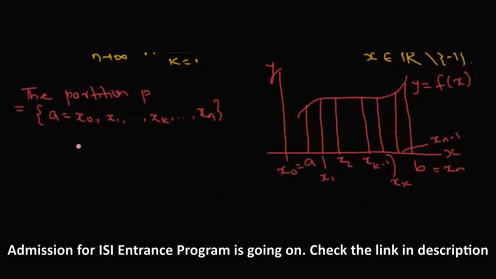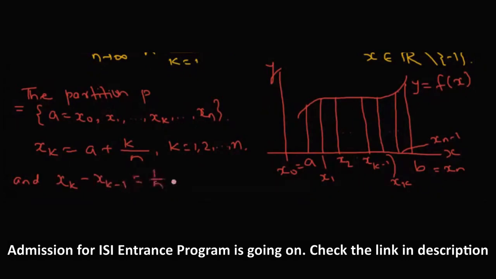This is the partition, and xk is equal to a plus k by n, where k runs from 1 to n. And xk minus xk minus 1 is equal to 1 by n for all k from 1 to n. So the length of each subinterval is 1 by n.